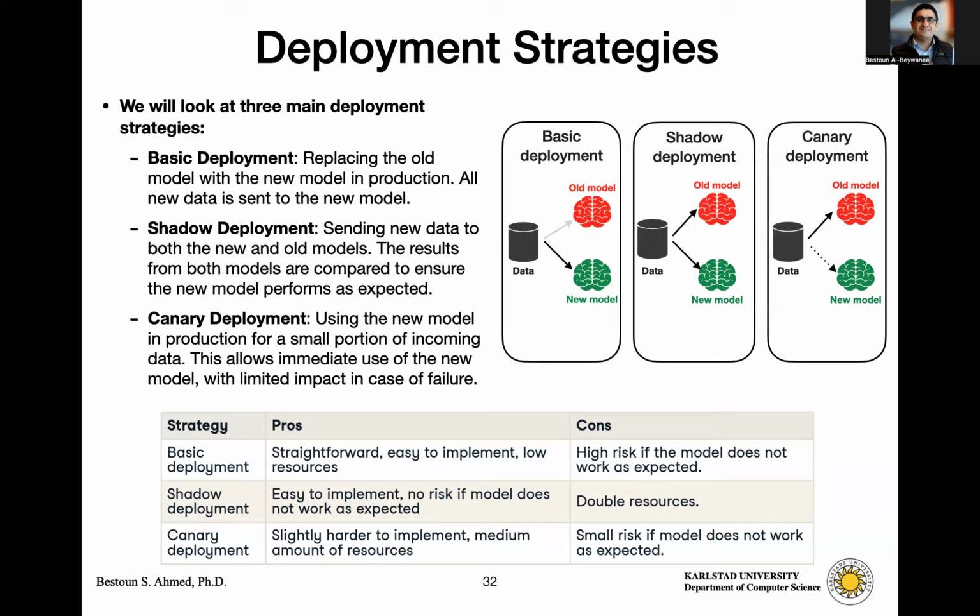The other kind of deployment is the canary mode. Canary mode or canary deployment means that you have the new model, you put a small part of the traffic in production and see how it works. And if something happens, you immediately roll back to the old model. If not, you slowly go to the deployment with the new one, and when everything is okay, slowly we put the production on the new one.